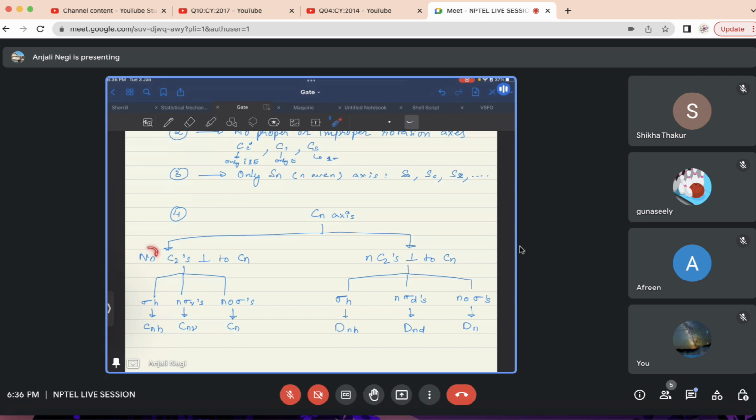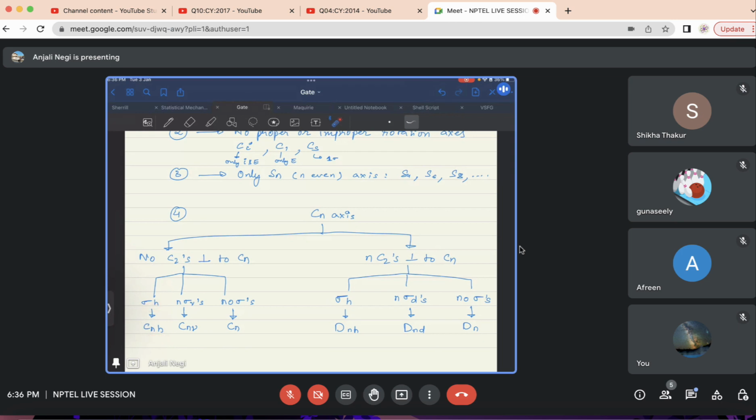So if there are no other C2 which are perpendicular to Cn, then it will be a C type point group, where you can just go through it: if no sigma is present, no mirror plane is there, it is Cn. If n sigma v mirror planes are there, then it will be Cnv. Otherwise, if it is sigma h, then it is Cnh.